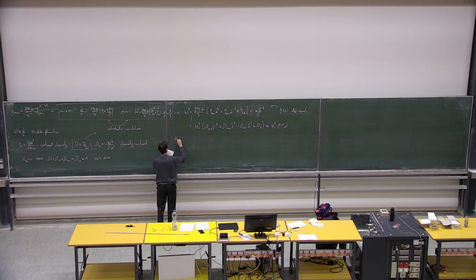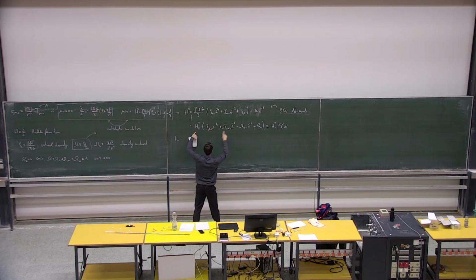So H naught is one of the key cosmological parameters that you can read here. These are all the parameters that define the dynamics of our universe. Omega 0 sets the normalization and tells you what the expansion of the universe is today.